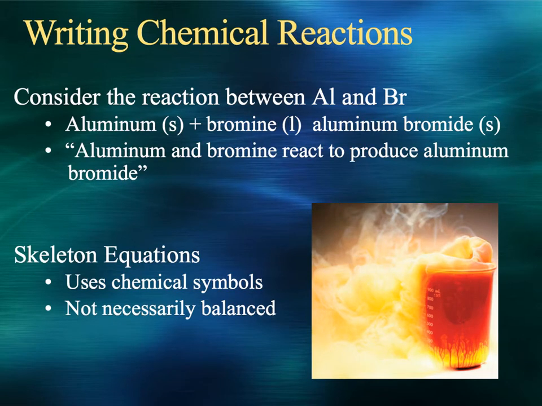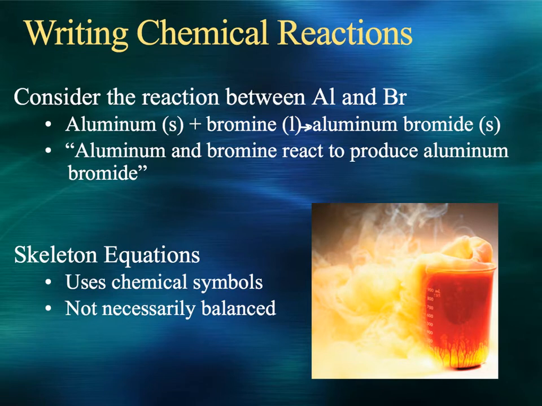So, consider the following reaction between aluminum and bromine. You'll see these on the homework for tonight. It could say something like aluminum plus bromine yields aluminum bromide. Okay, aluminum and bromine react to produce aluminum bromide, and that's all it says, and it wants you to write a reaction from that.